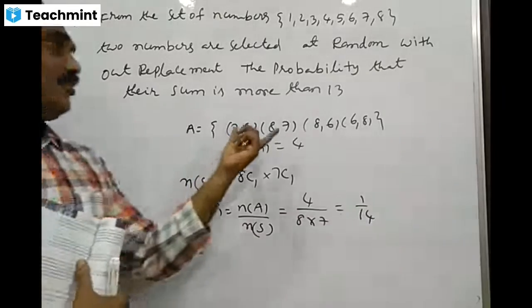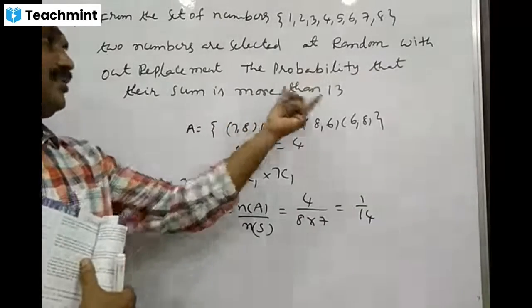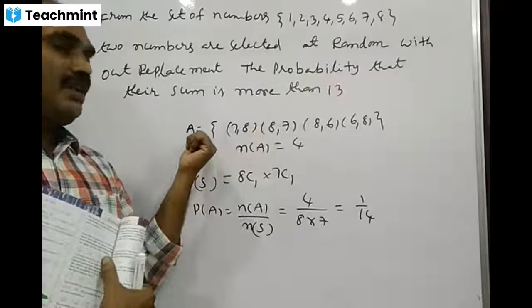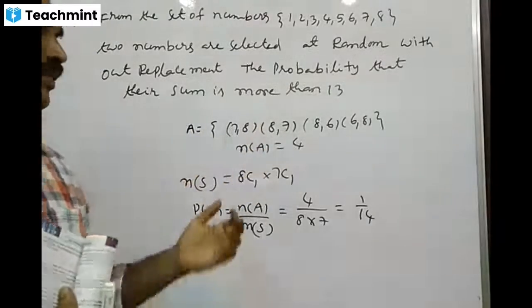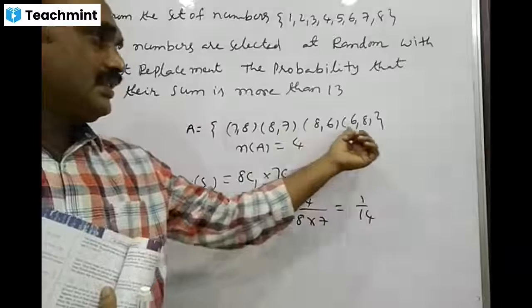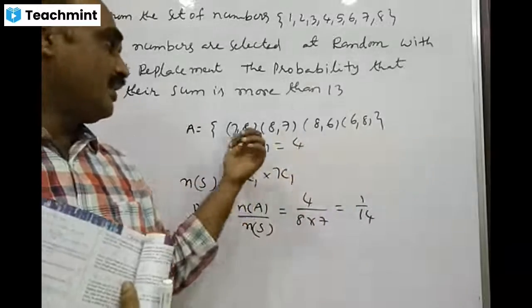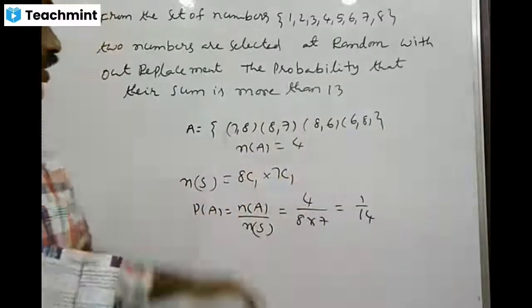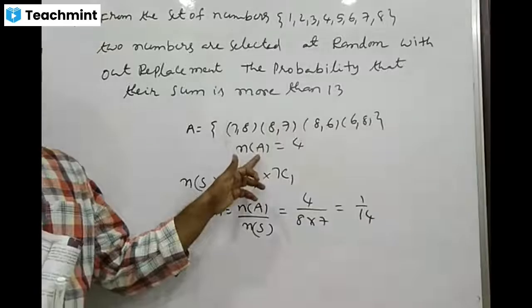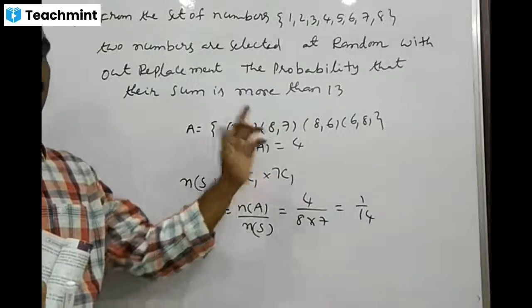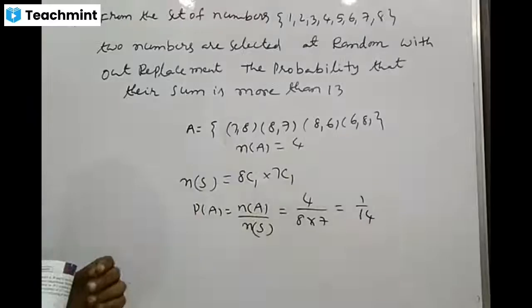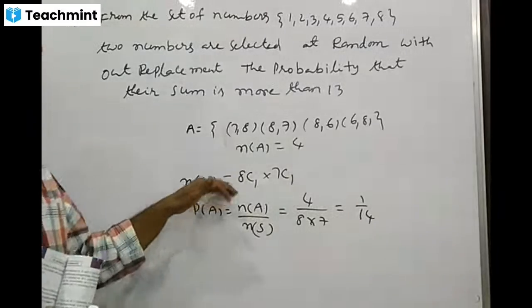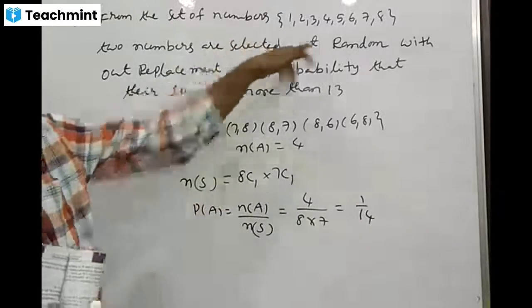This is the probability that the sum is more than 13. So the favorable event, sum is more than 13, sum is 14 or 15. Sum 14: 8 6, 6 8. Sum 15: 7 8, 8 7. So n of A, total favorable outcomes, is 4. Next, total possible outcomes n of S: select two numbers without replacement.